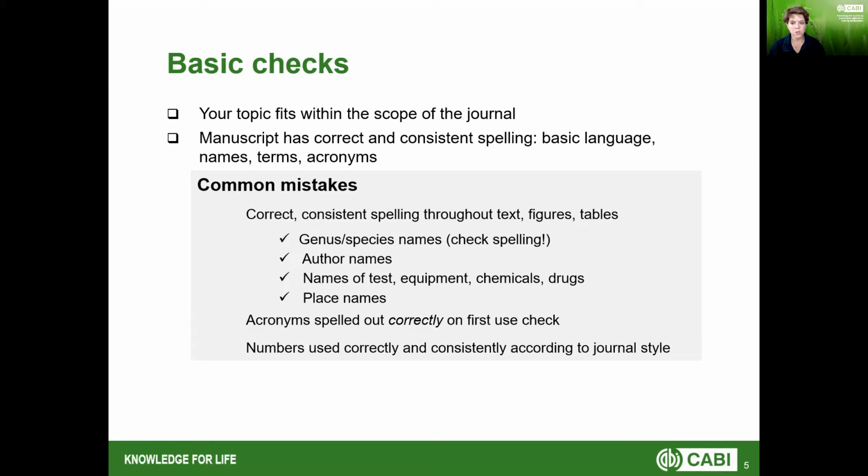You need to make sure that the acronyms are spelled out correctly on the first use, and that they're used correctly throughout the manuscript, and the same with numbers, and that you're following the specific journal guidelines. So it's not just the first use, but you need to check throughout the manuscript to make sure that the spelling is correct and consistent throughout the manuscript.